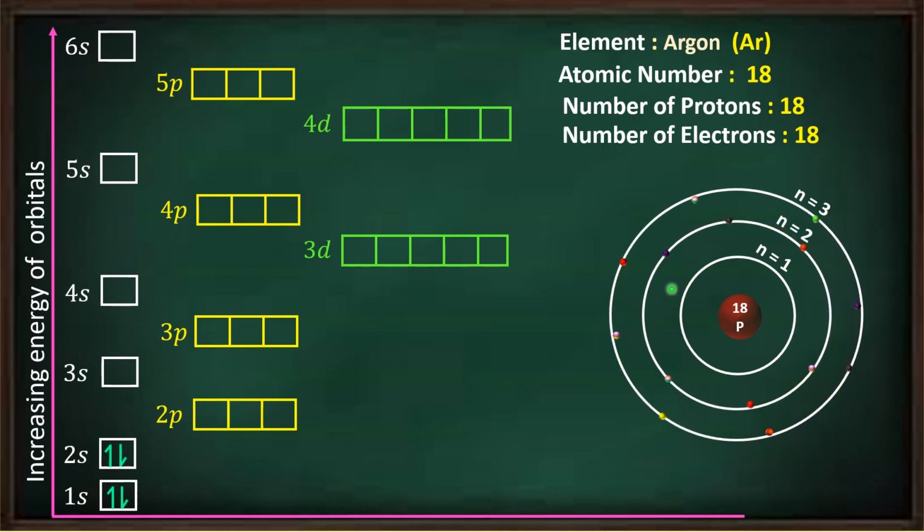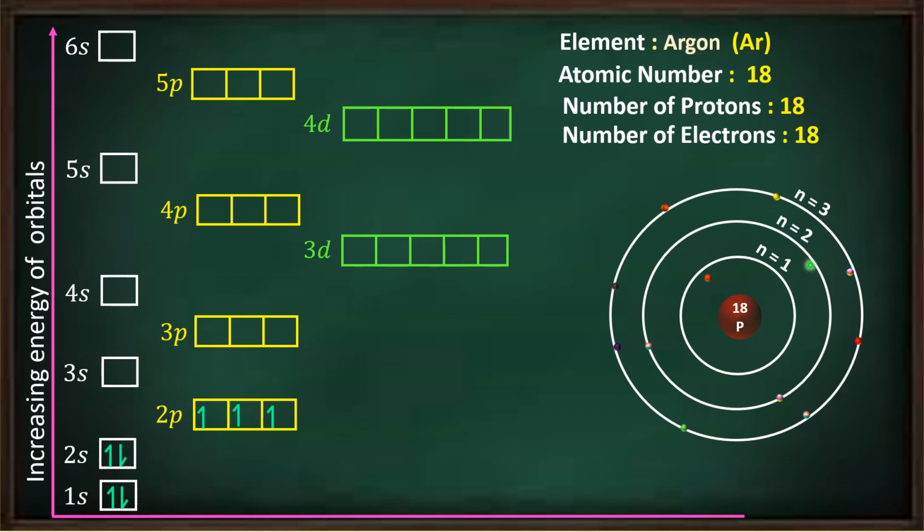Next, fifth electron, say this one, occupies one of the empty orbitals of 2p. Next, sixth electron occupies the other empty orbital of 2p, isn't it? Next, seventh electron occupies the third empty orbital of 2p.